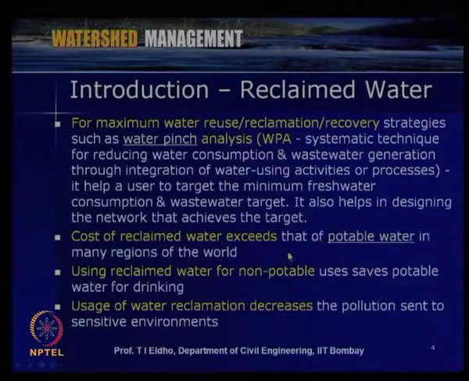So, that way we can save the water, and the usage of water reclamation decreases the pollution sent to the sensitive environment.